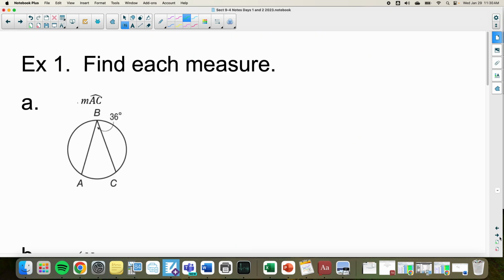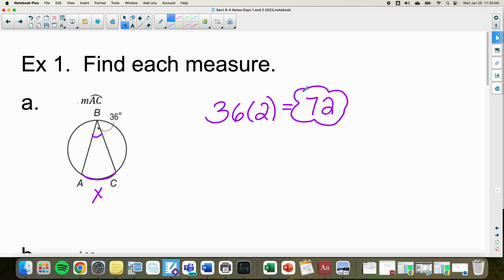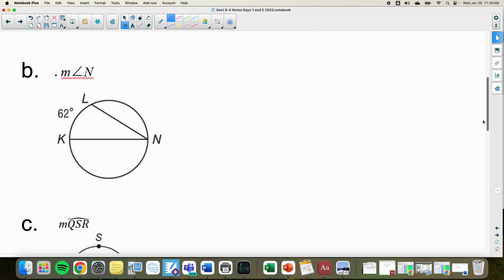Okay? So if we look here, this is asking us for the measure of arc AC right here. And they're telling us that's 36, so what would our arc be? 72. Yep, 36 times 2 is 72. You don't have to show the work for that, but I'm doing that just for my notes. Now this one, they want to know what angle N is. 31.